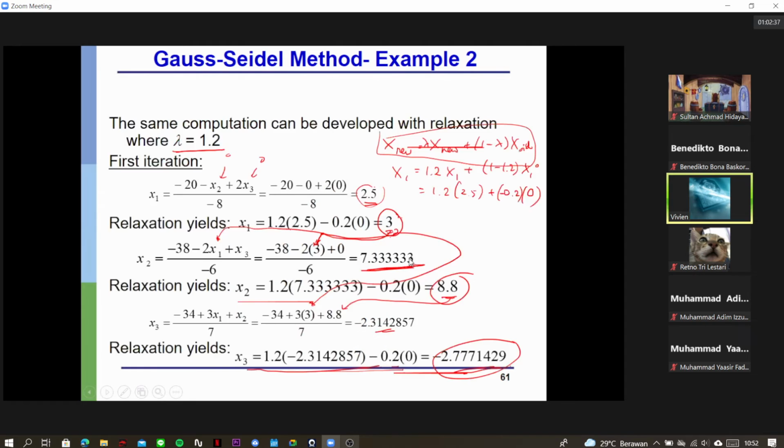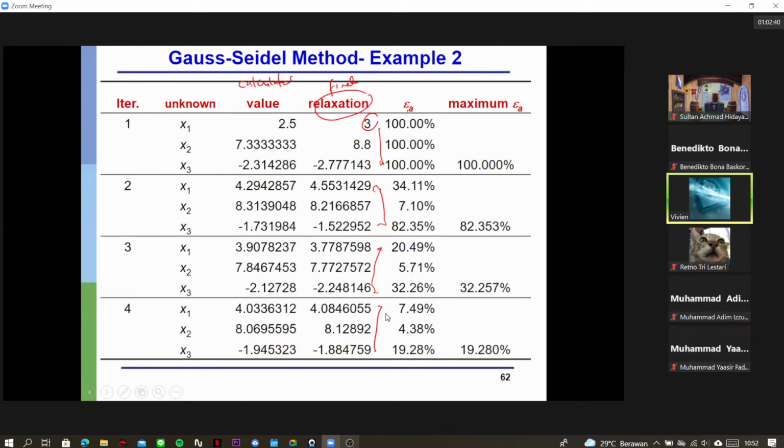Now with over relaxation, instead of getting faster convergence, we get it slower. Up to 4 iterations, the error is still 20%. In this case, the over relaxation method failed to make the convergence faster, so please be careful when we apply the over relaxation factor.